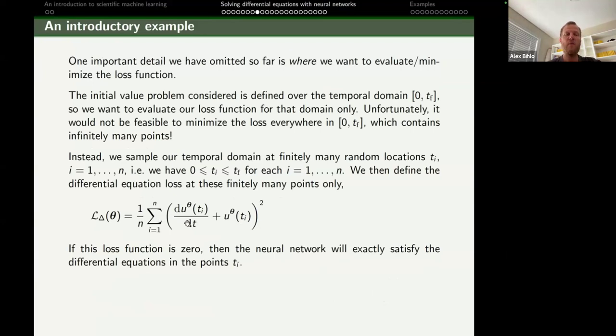Even in the ideal scenario, say the loss goes to absolute 0 after you minimize the neural network, that only guarantees that you satisfy your solution exactly at n points, but it doesn't tell you that you satisfy the solution anywhere in between.